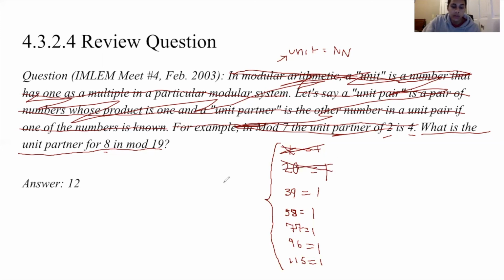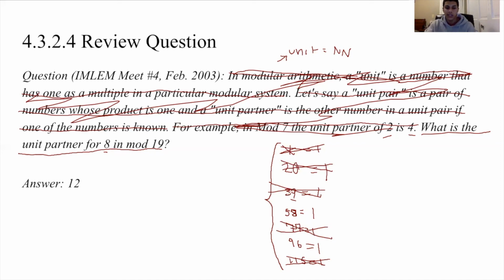Does any number multiplied by 8 get you to 39? The immediate answer is no, because it's not going to be a whole number: 39 ends in the number 9, which is odd, and 8 times any number is going to be an even number. So we can immediately cross off this one and this one as well, because 8 times any number will equal an even number, so it can't multiply to an odd.